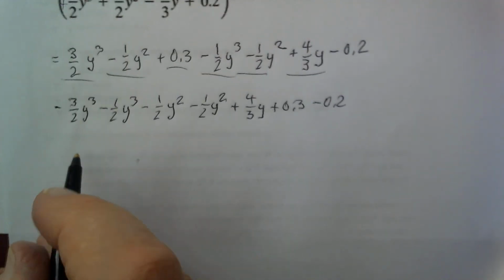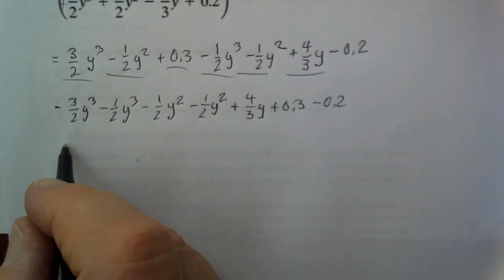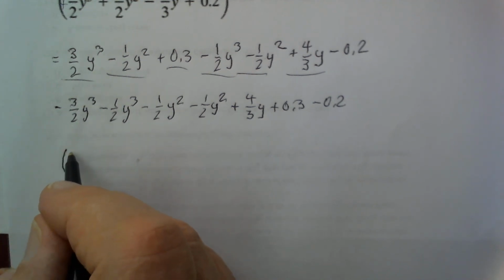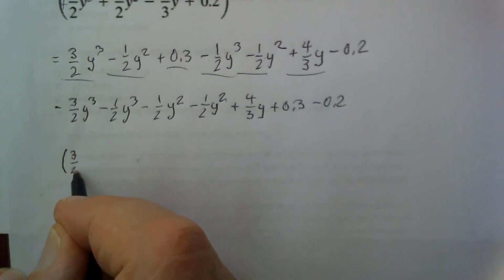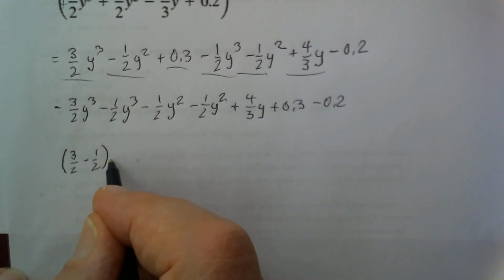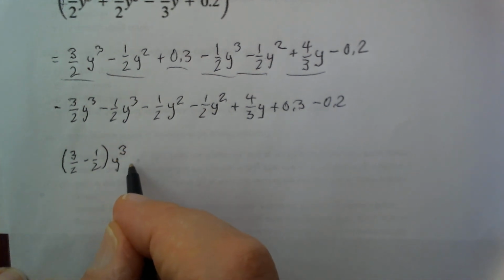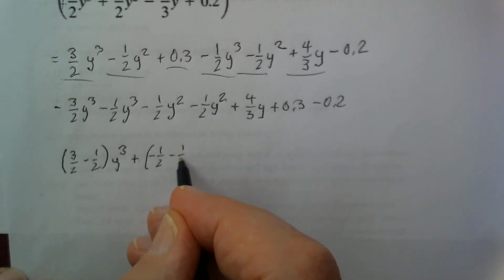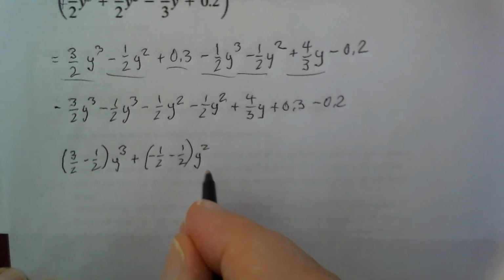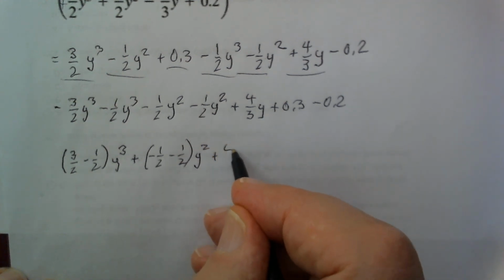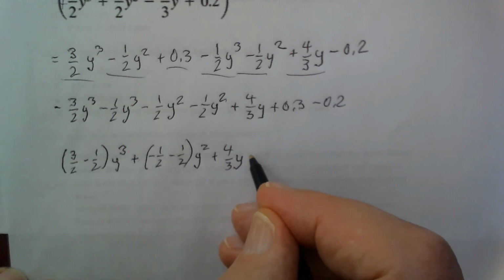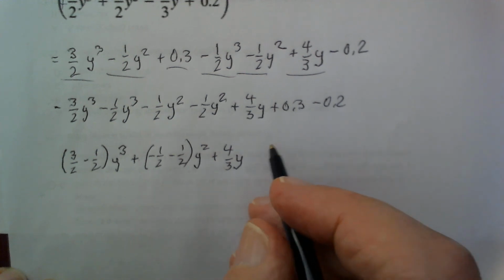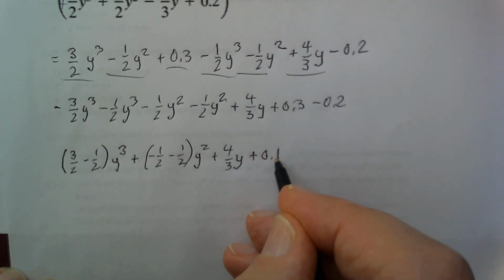So now let's combine like terms, now that we have them next to each other. Let me just be a little bit more explicit here to help you better understand what's going on. So writing down the coefficients as 3/2 minus 1/2 y to the 3rd, plus minus 1/2 minus 1/2 y to the 2nd power, and then we have 4/3 y, and 0.3 minus 0.2 is equal to 0.1.